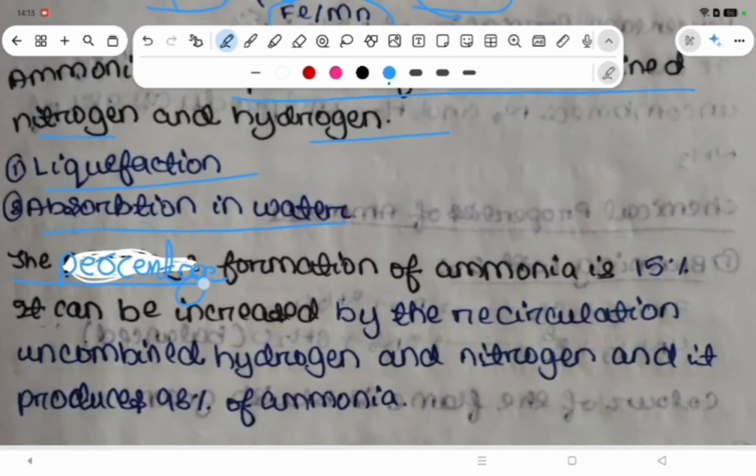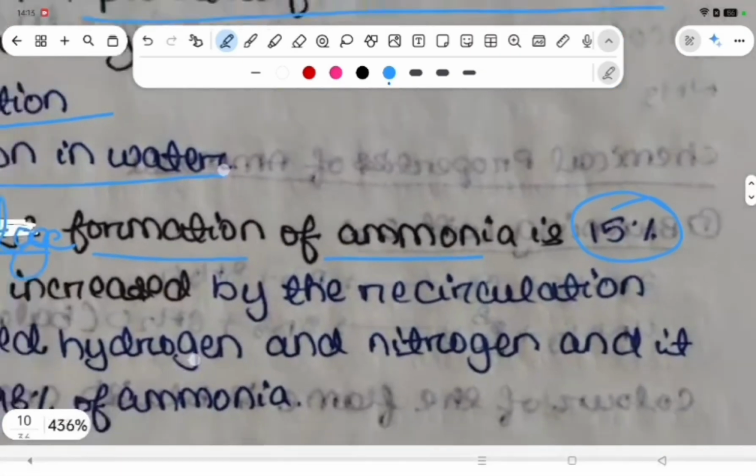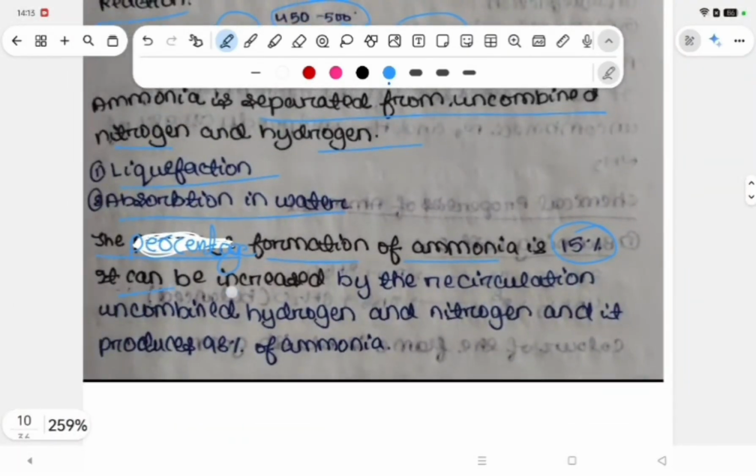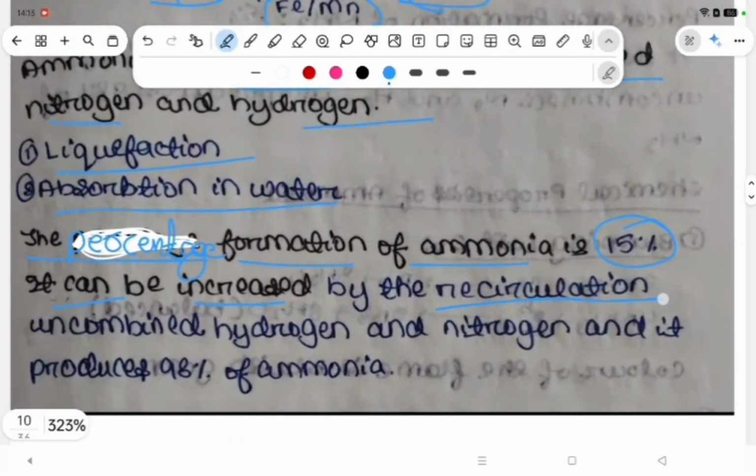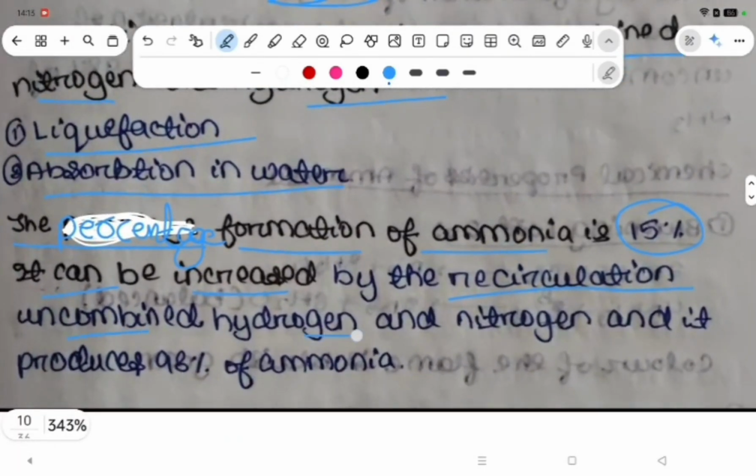The percentage formation of ammonia is 15%. It can be increased by recirculation of uncombined hydrogen and nitrogen, and it produces 98% of ammonia.